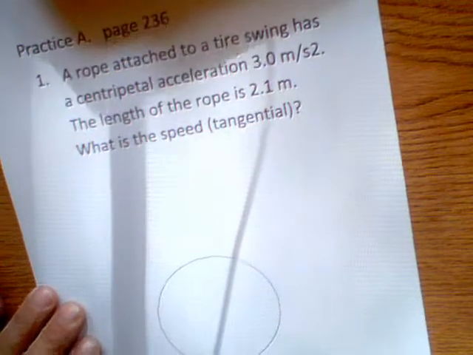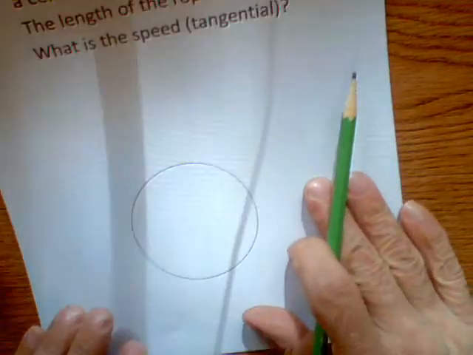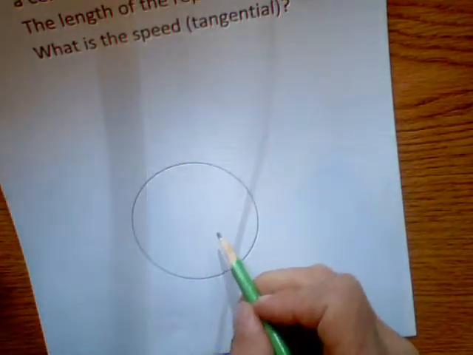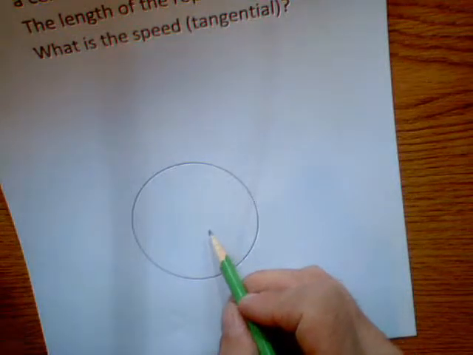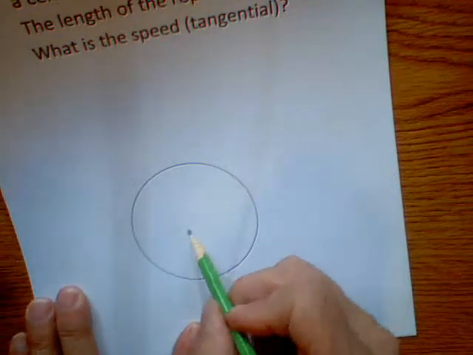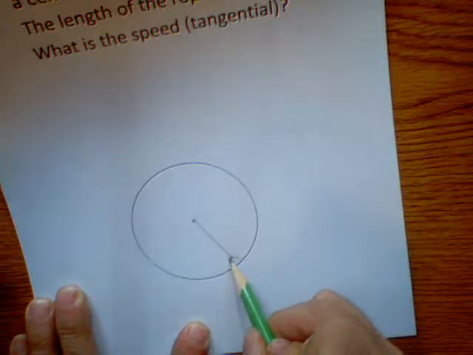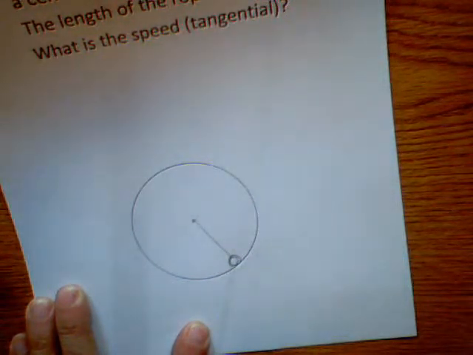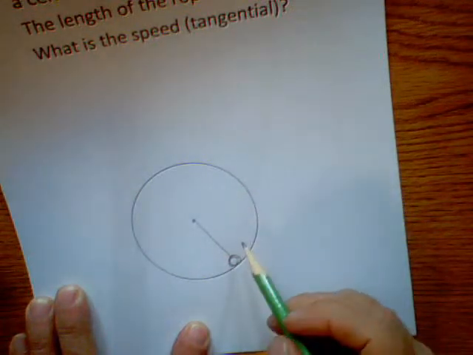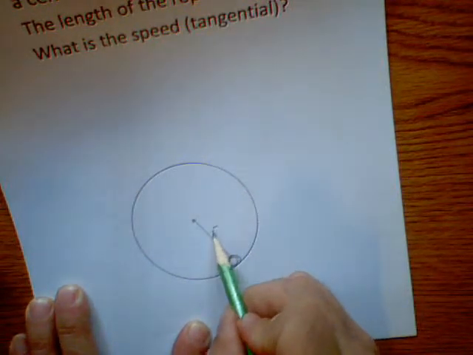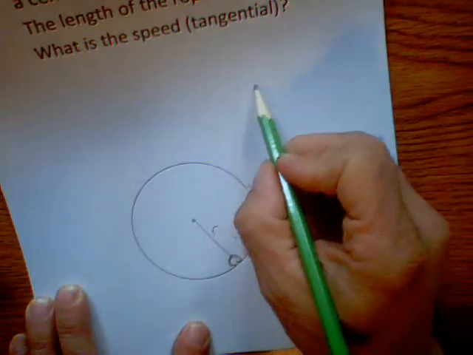Well, here's our circle, and if you could picture, there's the tire swing here. Here's our radius, and that's given to us.